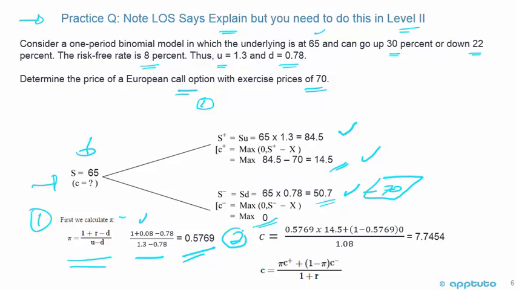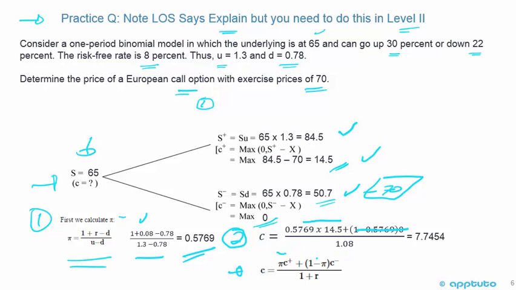So the next thing that we're going to do is calculate the value of the call. And here's the formula in the algebra. The numerator is the risk neutral probability times C plus, the value of the call option if the stock price goes up. We know that was 14.50. So we can see that here in the numerator, 0.5769, the risk neutral probability, times 14.50, okay? Then it's plus 1 minus the risk neutral probability times C minus, but we know C minus is 0. So this part of the equation is going to scratch out to be 0.